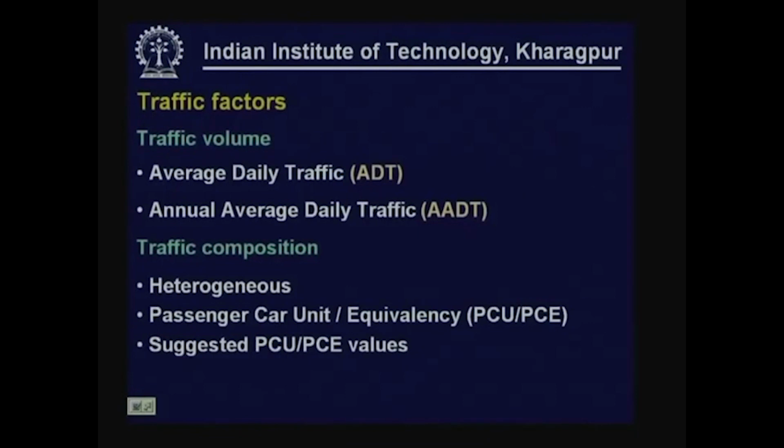Traffic factors. Under traffic factors, we shall discuss different items. First item is traffic volume. Now, the traffic volume is the major driving force for any road system development or any kind of transport infrastructure development in most cases, except in a few cases like rural roads, where it may be based on accessibility.